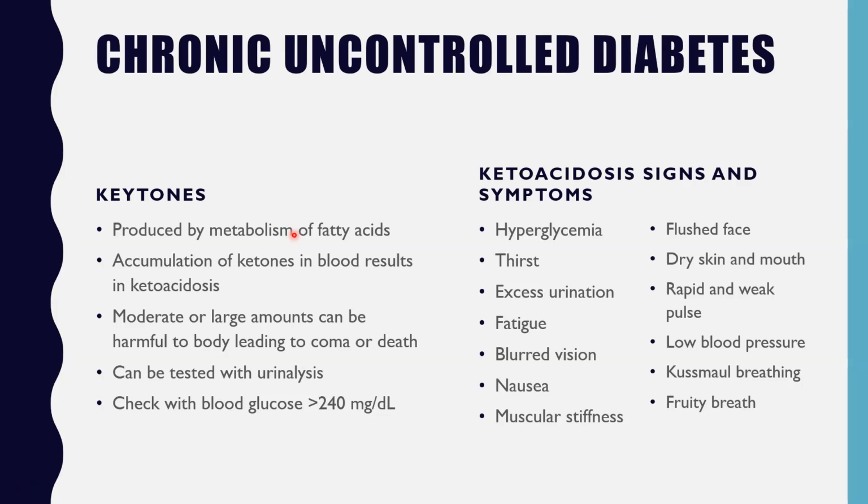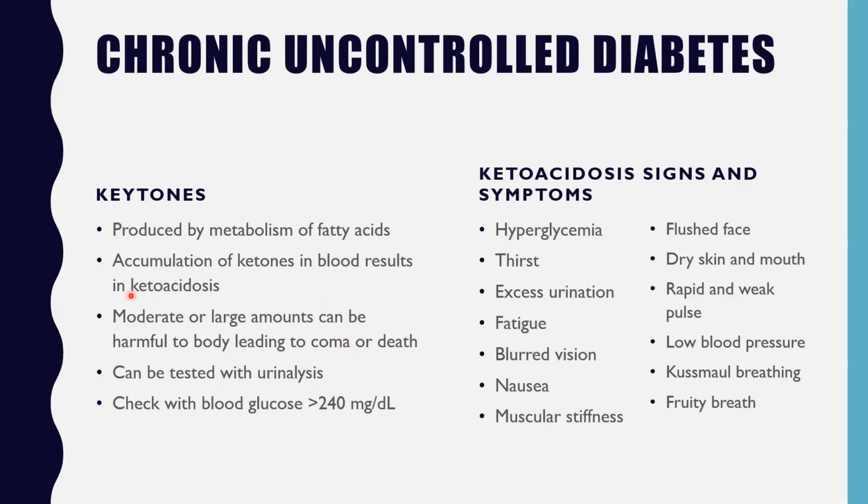In these individuals with uncontrolled diabetes, these ketones can build up, creating a condition called ketoacidosis. And you can see several of these symptoms here, the telltale one being that fruity breath. That's what causes that fruity breath, this ketone production.